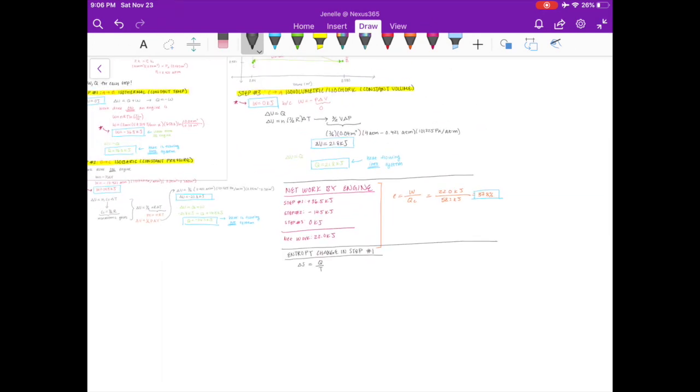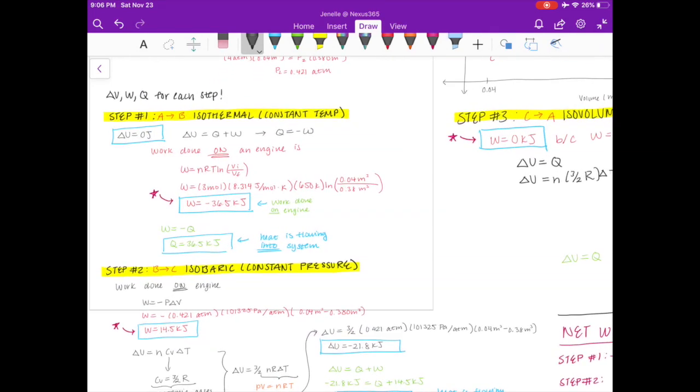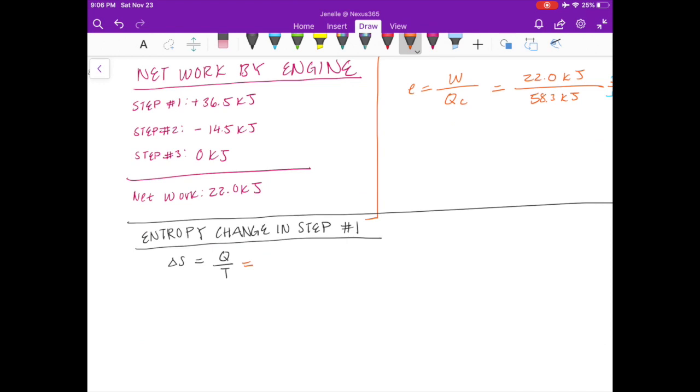We found that in step 1, there was 36.5 kilojoules of heat flowing into the system. Because this was an isothermal step, the temperature was kept at 650 Kelvin. We know that the entropy change was positive because the gas was expanding and becoming more and more disordered. We found that the change in entropy for step 1 was 56.2 joules per Kelvin.